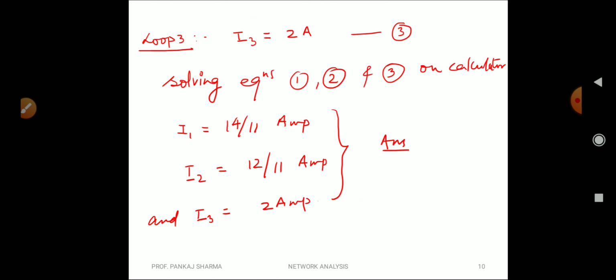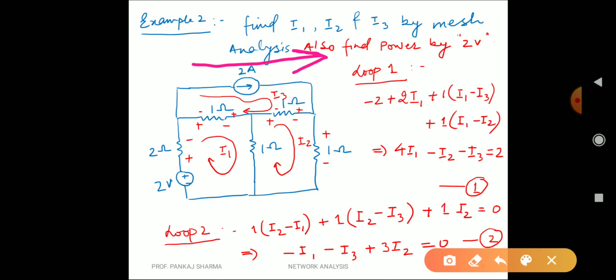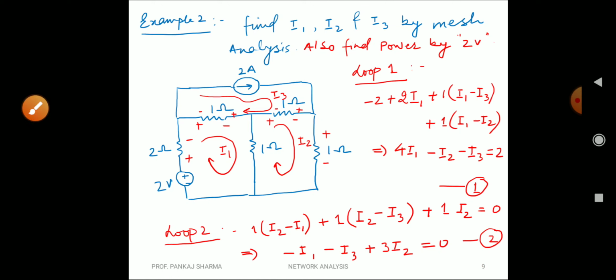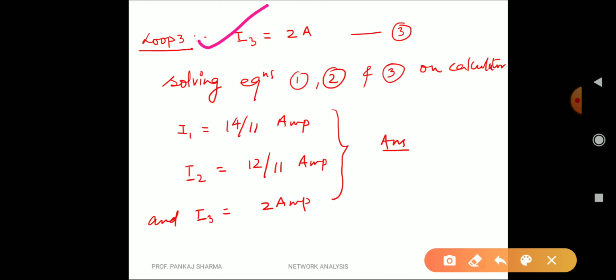Loop 3, see this. This current I3 has to be equal to this 2 ampere. Why? Because in a series element the current value is the same. So this I3 has to be 2 ampere.